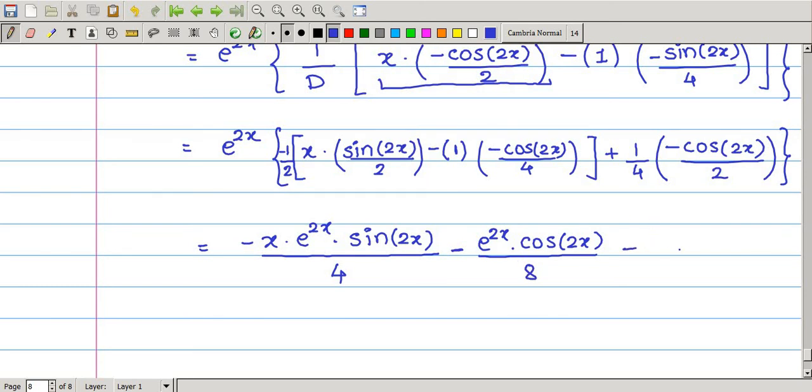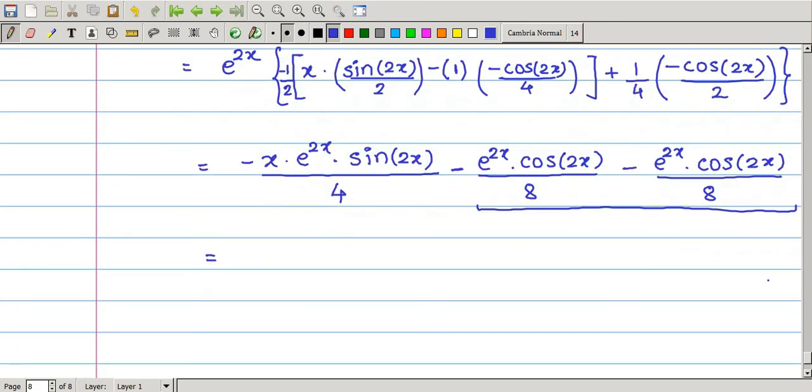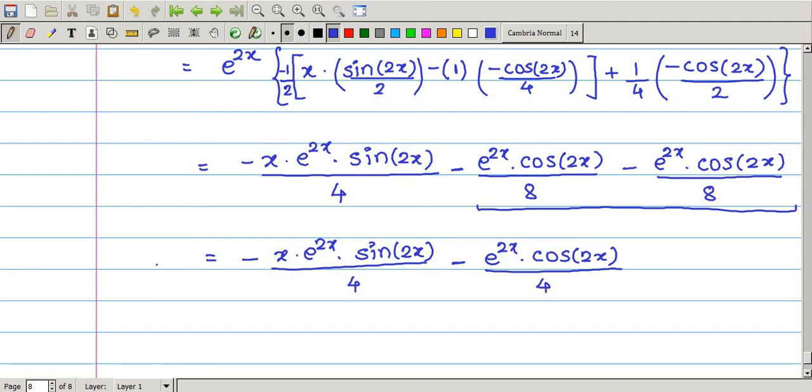Next term minus e raised to 2x into cos 2x upon 8. If we simplify these two terms together, we get minus x e raised to 2x into sine 2x upon 4 minus e raised to 2x into cos 2x upon 4. This is your required value for the particular integral.